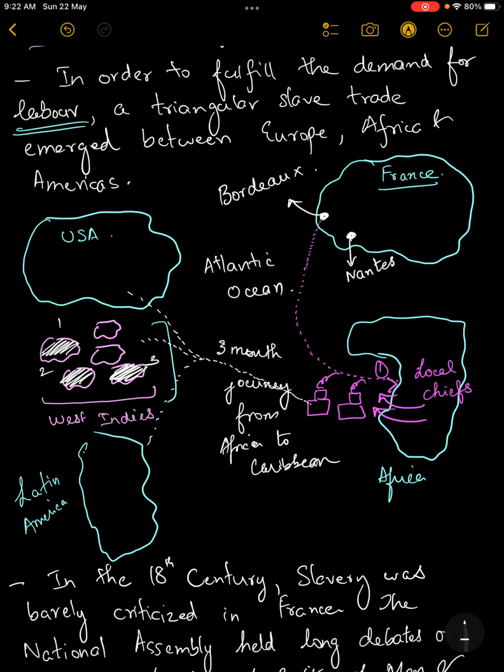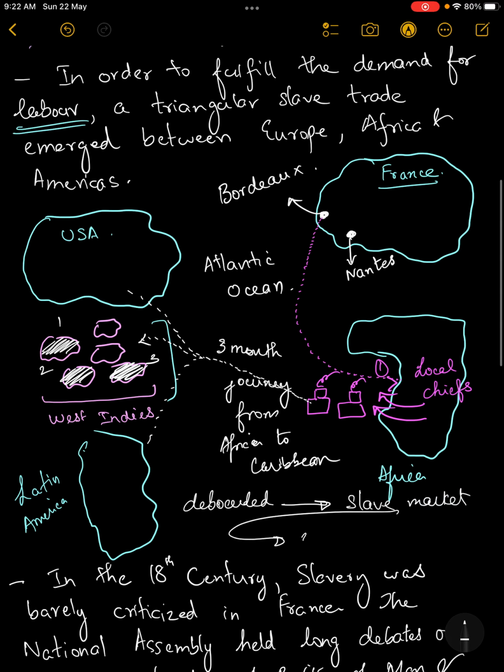So now once they reach the West Indies, once they reach the Caribbean, the slaves are deboarded and taken to a slave market, where they are purchased by the local plantation owners.